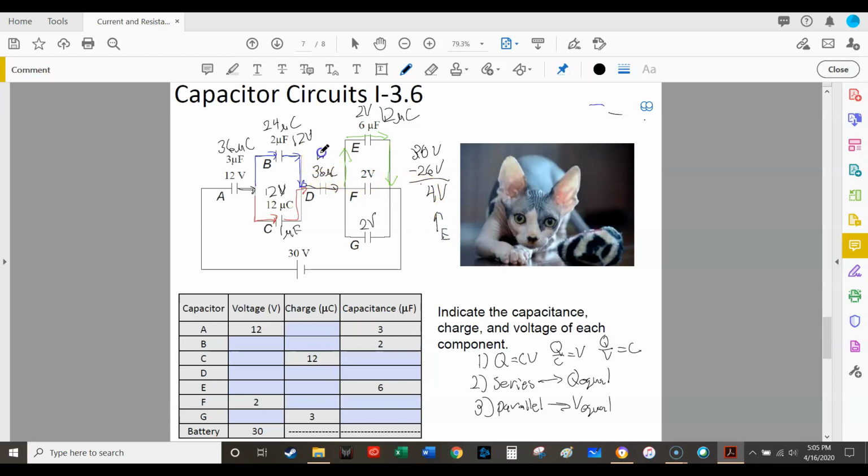That means this is 4 volts right there. Okay? And what that tells me, in order to get the capacitance of that, we have charge, we have voltage. Now we get the capacitance of this, which is going to be 6 microfarads.